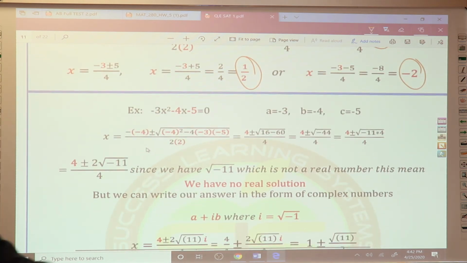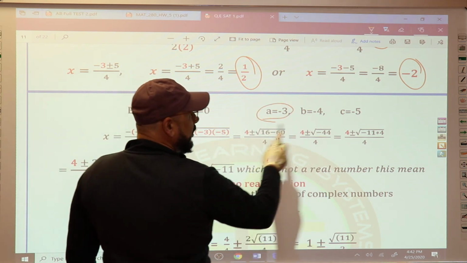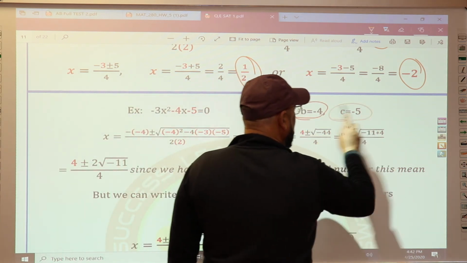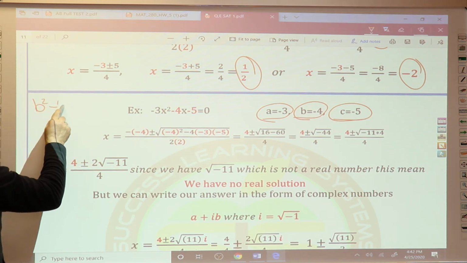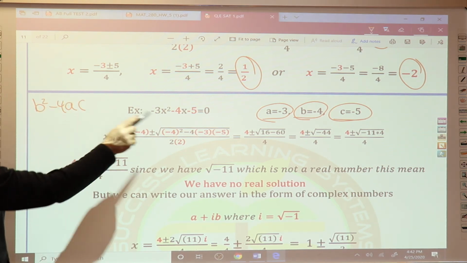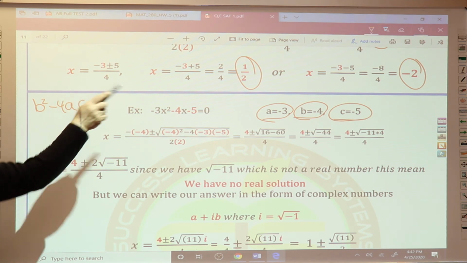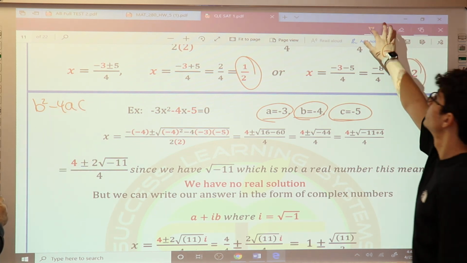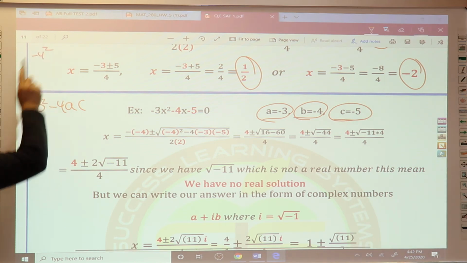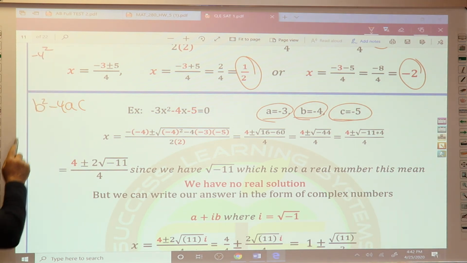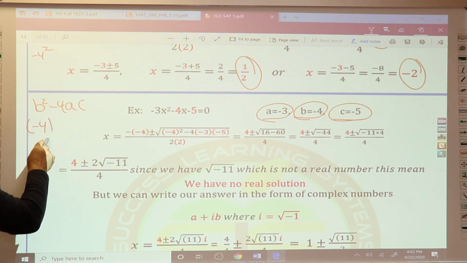What's my a? Negative 2. Let us find the discriminant, b squared minus 4ac. What's b? Negative 4. Some students will write negative 4 squared like this. That's wrong. You have to put parentheses, always.